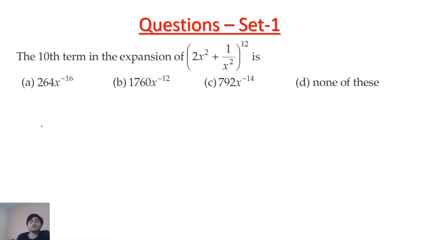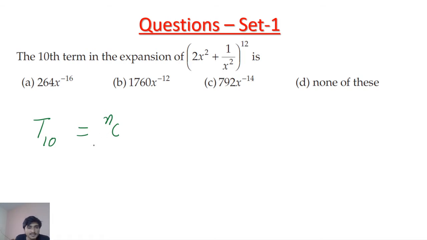Okay, so here we have to find T10, right? T10 means NC.